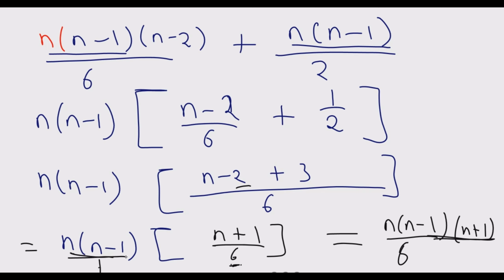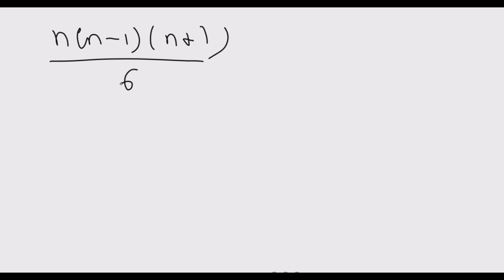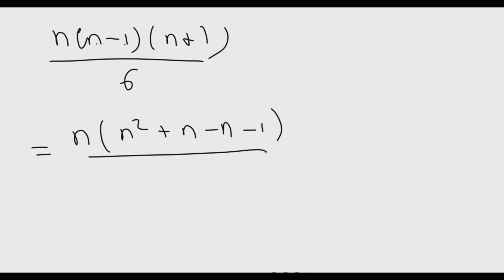Then at this point we can just expand. So we are going to have n minus 1, then n plus 1 over 6. Then n times n is n squared, then n times 1 is n, then negative 1 times n will be negative n, then negative 1 times positive 1 is negative 1, over 6.